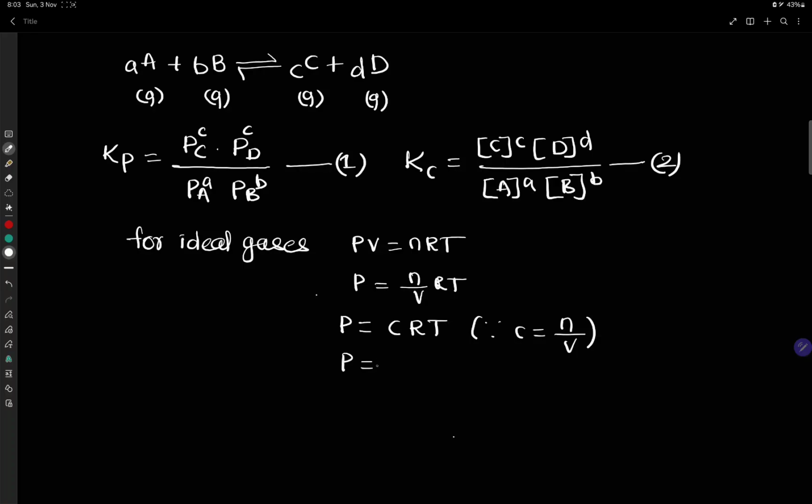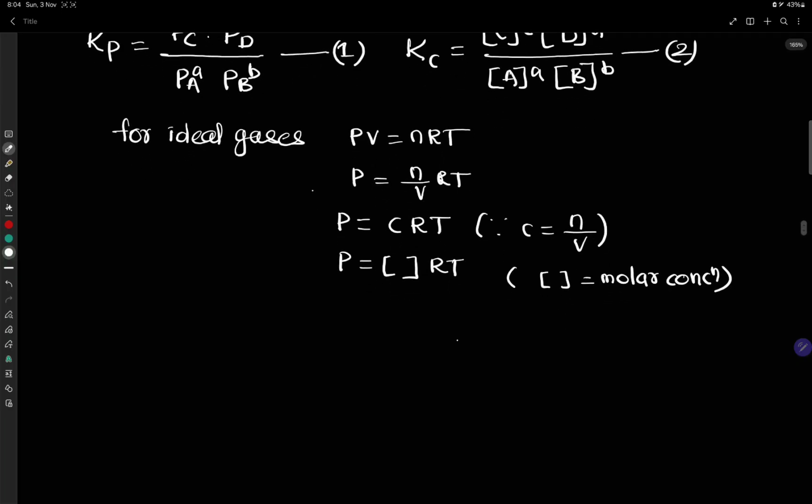What is the symbol for molar concentration? Square bracket into RT. So here remember, square bracket is molar concentration, concentration expressed in molarity.